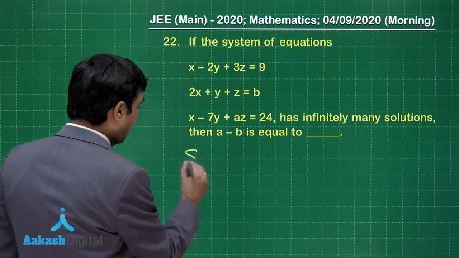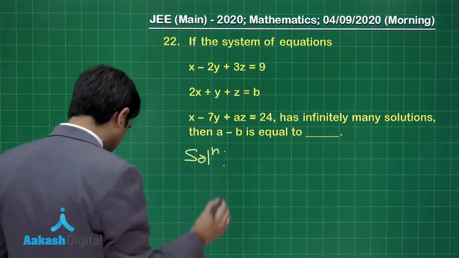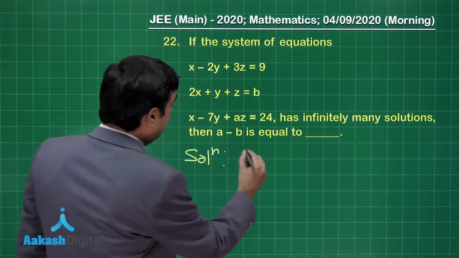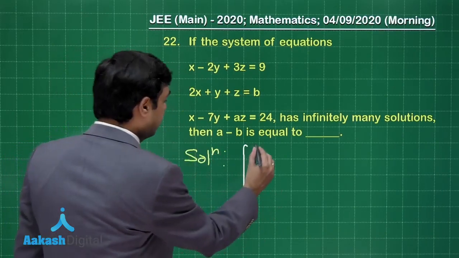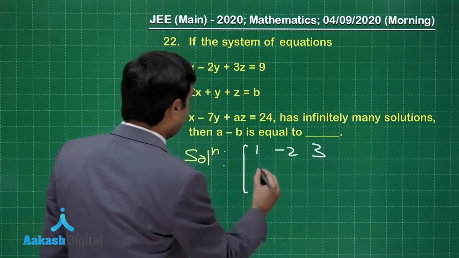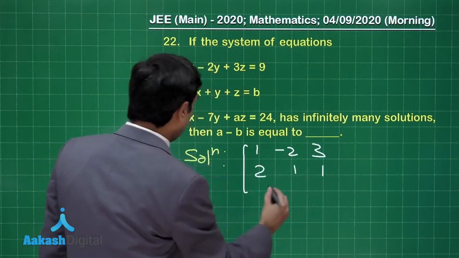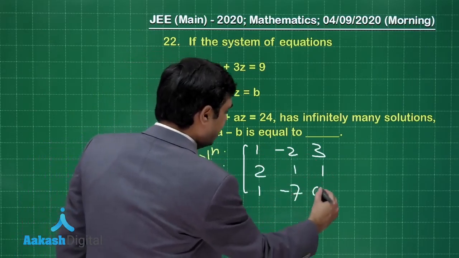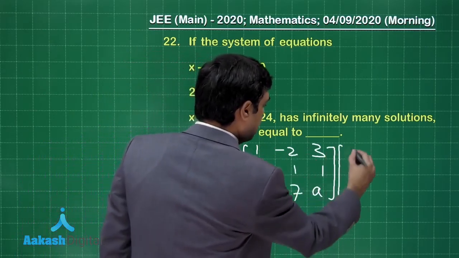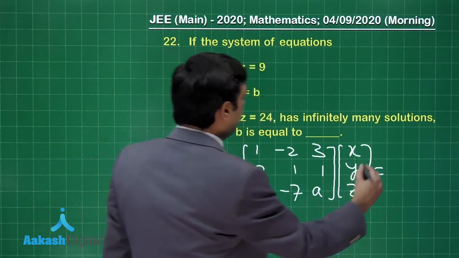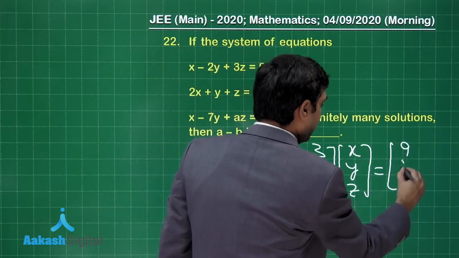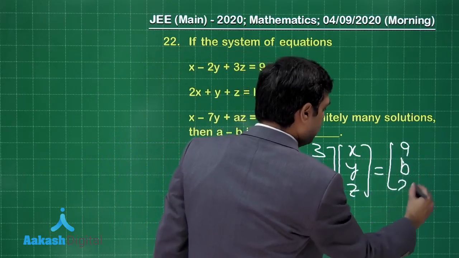So here we can plan this question as matrix Ax is equal to B, that means 1 minus 2 3, 2 1 1, 1 minus 7 a, times x y z is equal to 9 b 24.